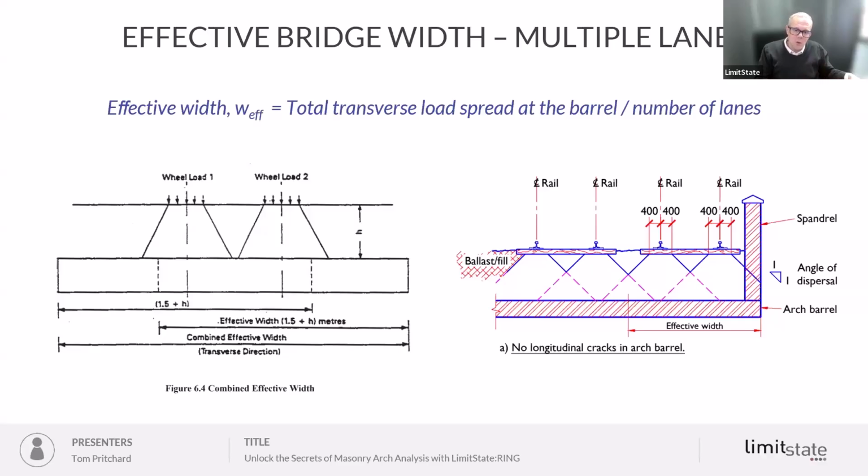Essentially, that means that we're assuming the same vehicle or vehicles are present in each of those lanes transversely, which in the majority of cases would be a worst case scenario. Additionally, certainly you can see it here in the Network Rail one, codes are generally happy to discount superposition of load where it overlaps towards the barrel, and our approach in Ring follows that same principle.